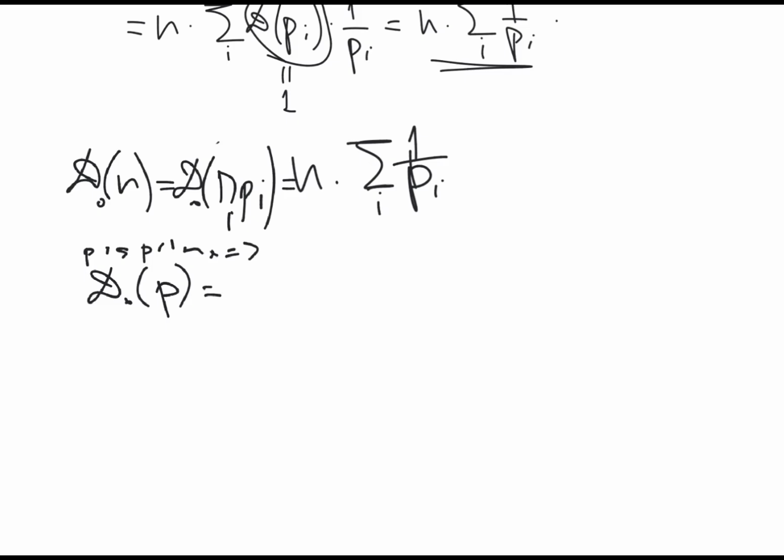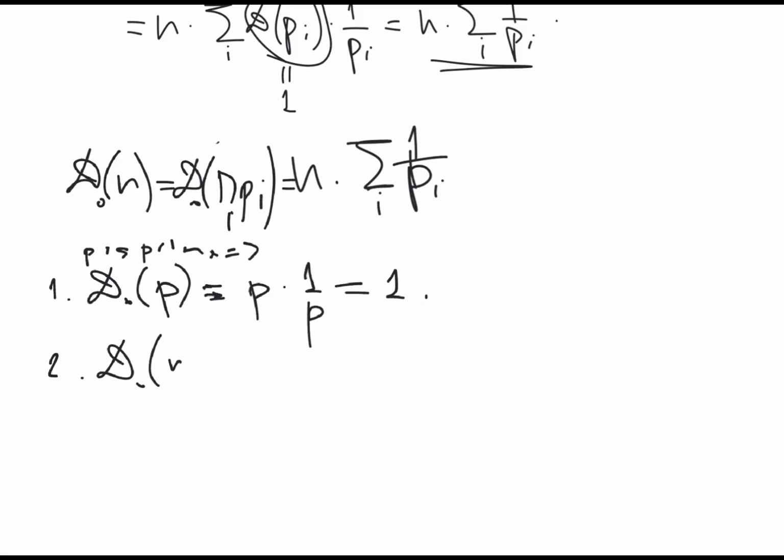So d0 of p would be p by definition multiplied by the sum of 1 over p, but the sum consists of only one term, 1 over p. This is the only term in the sum, because p is the only prime divisor of p. And this of course is equal to 1. So the first property is satisfied.